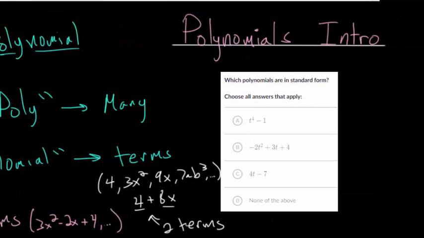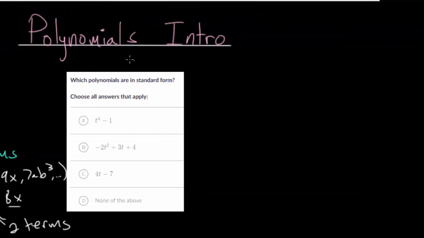So let's continue with polynomials. Now we need to understand what is standard form. So we know polynomials just mean many terms. So these three are different examples of polynomials. They each have many terms. Specifically, this is a binomial, this is a trinomial, and again, a binomial.